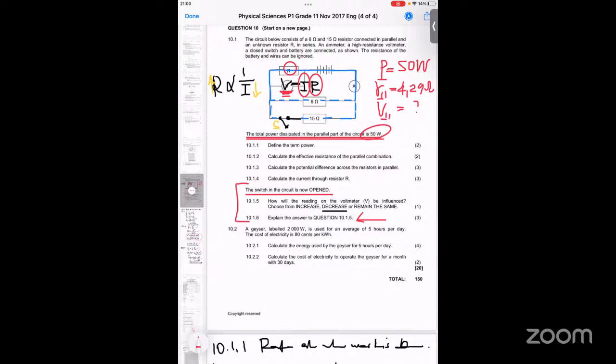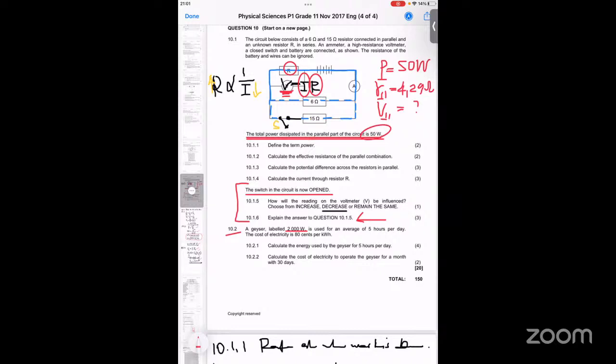So maybe very quickly, we can go through those last two questions, where they are now saying a geyser labeled 2000 watts is used for an average of 5 hours per day. The cost of electricity is 80 cents per kilowatt hour.